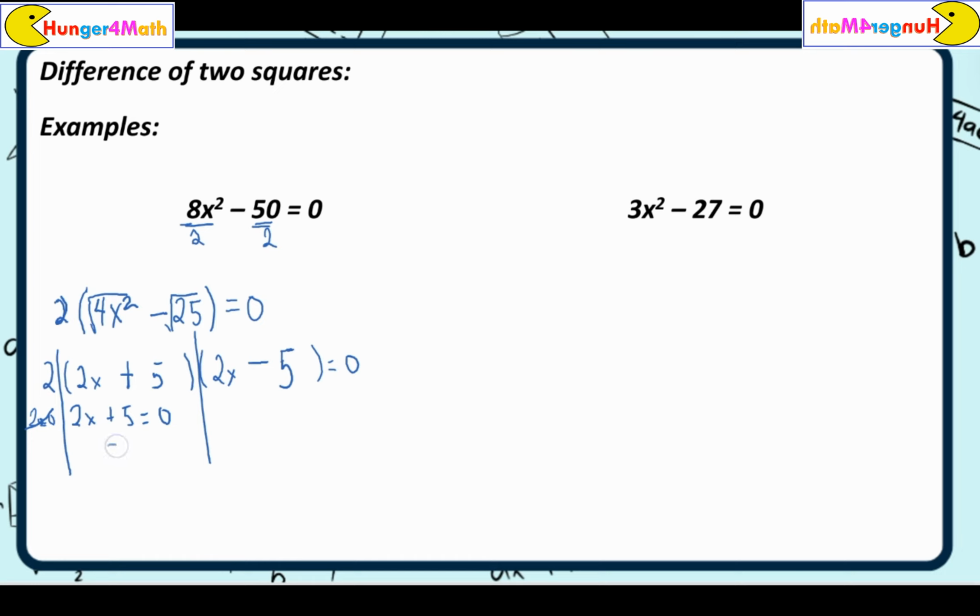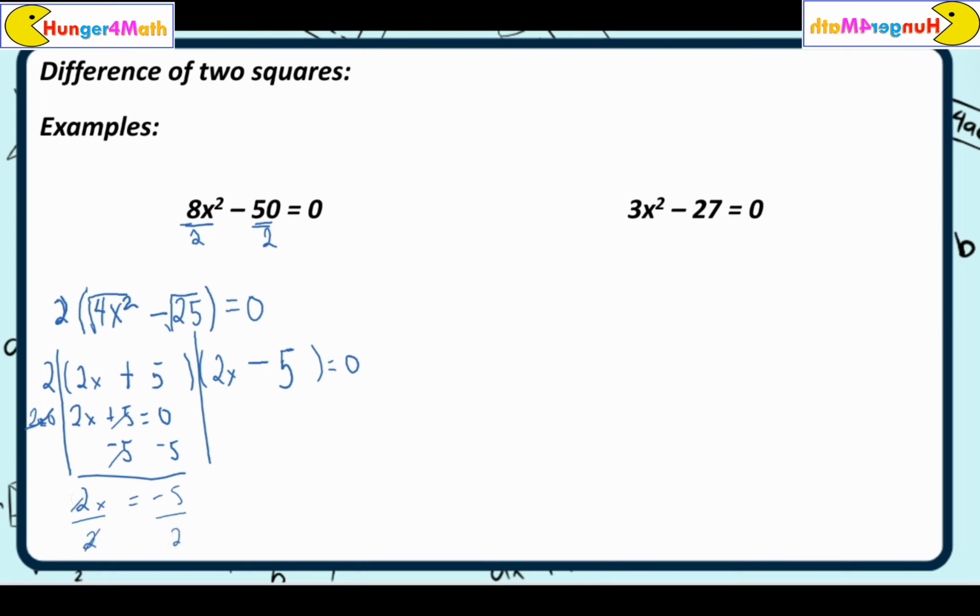So that will be minus 5 for both sides. And that is 2x, 5 minus 5 is 0, is equal to 0 minus 5 is minus 5. Then divide both sides by 2.